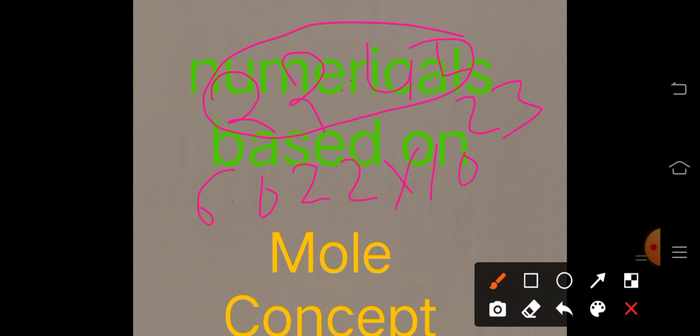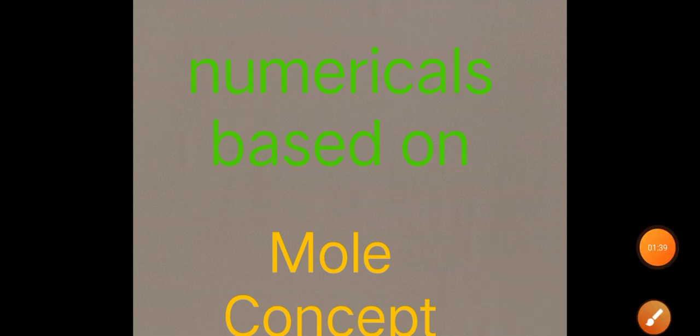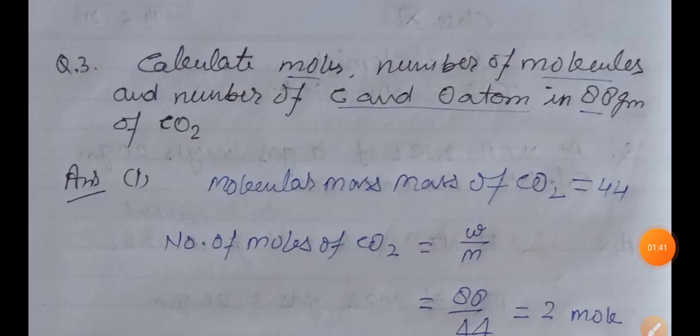In the previous video I have already done some numericals. Next, the third numerical is: calculate the number of moles, number of molecules and number of carbon and oxygen atoms in 88 gram of CO2.